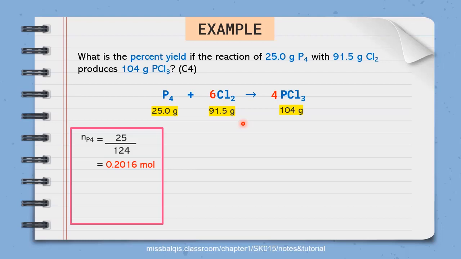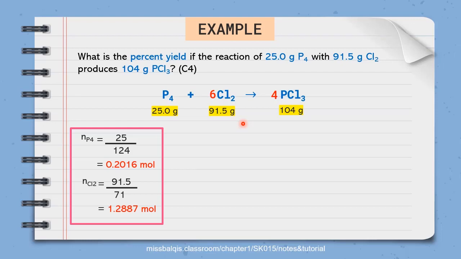As for Cl2, each Cl got 35.5 gram per mole as the molar mass, times 2, so divide 91.5 by 71. It will give you 1.2887 mole for Cl2.